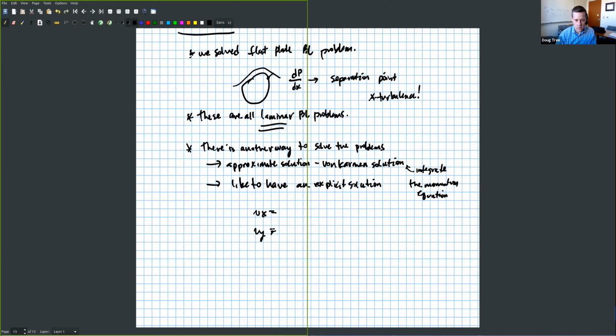Typically, they are written as follows. Vx over U is equal to this function phi of eta, which is equal to 3/2 eta minus 1/2 eta cubed, or alternatively Vx over U is equal to 3/2 y over delta minus 1/2 (y over delta) cubed.